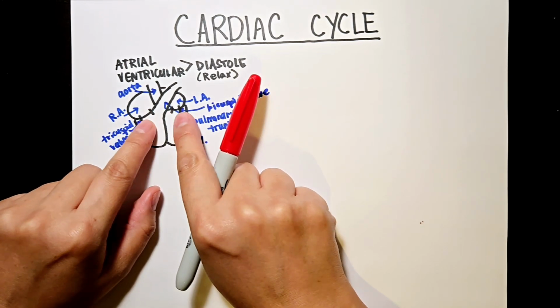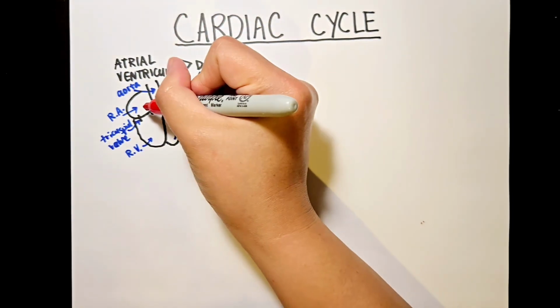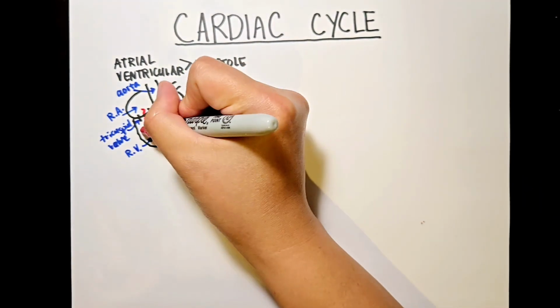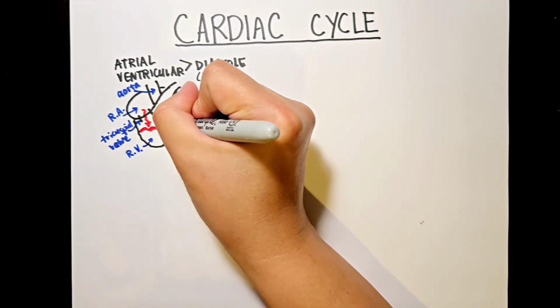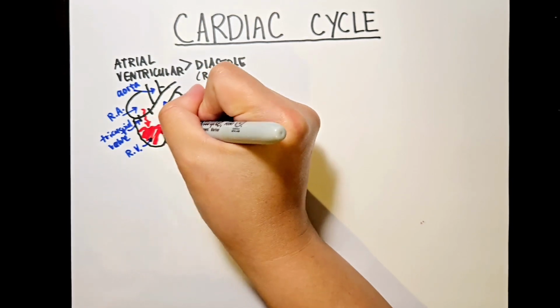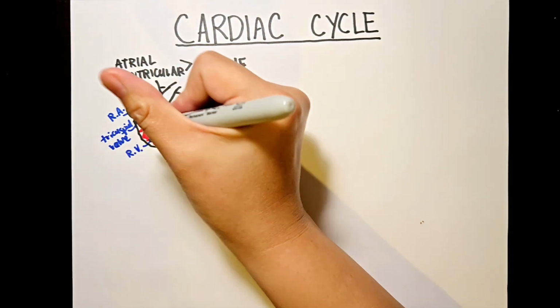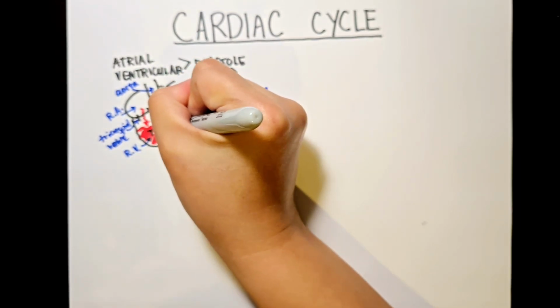So in the first part of the cardiac cycle, you have the AV valves, or the tricuspid and the bicuspid valve, open at this point because there is what's called passive filling, where both ventricles are being filled to approximately 70%.